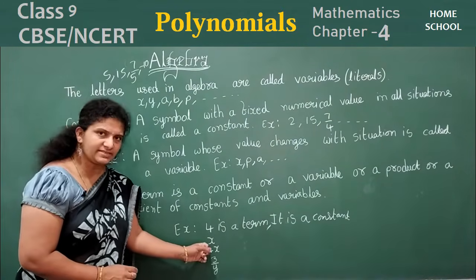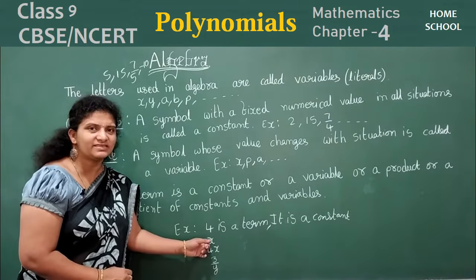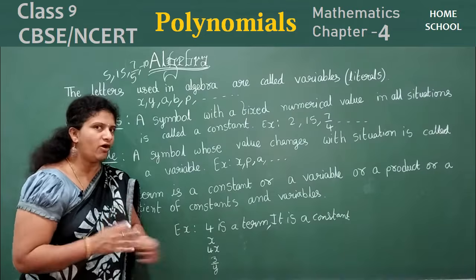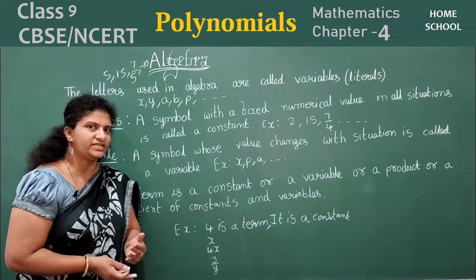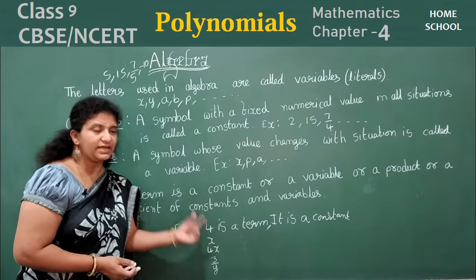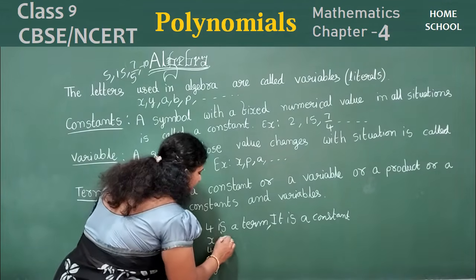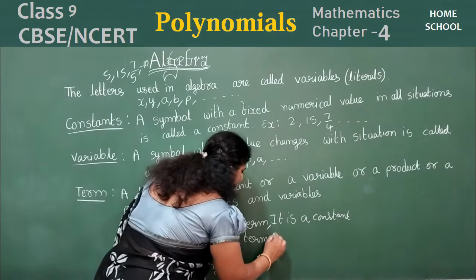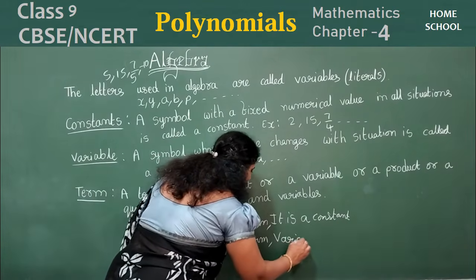See the next example here, x. What is x? It is a symbol or it is a variable and its value will always be changing according to the situation. So is this a term? Yes, it is also a term. x is a term, whereas it is a variable.